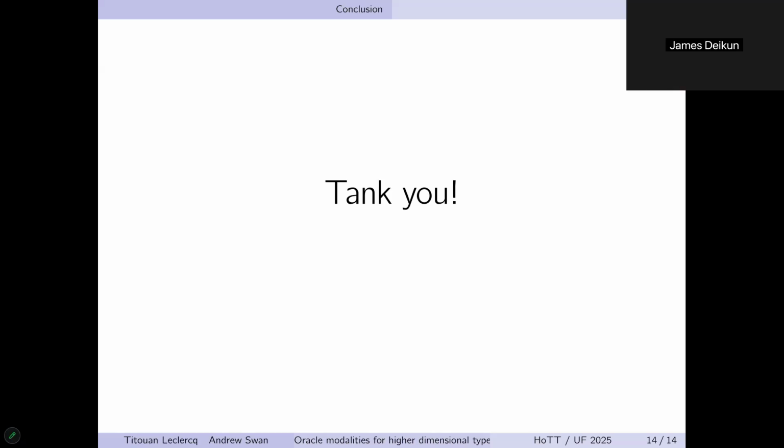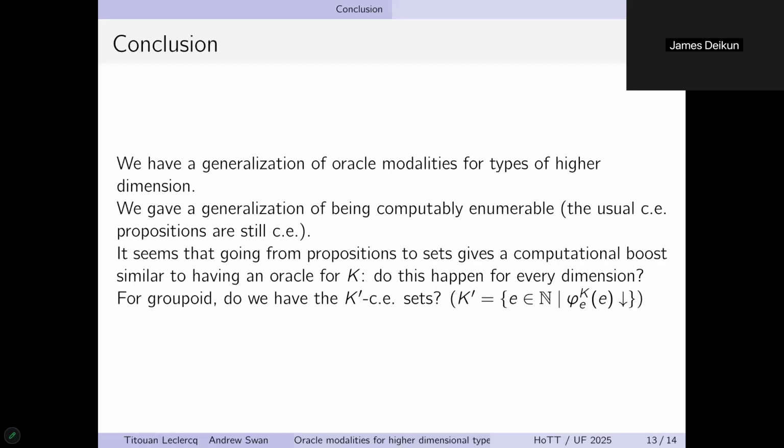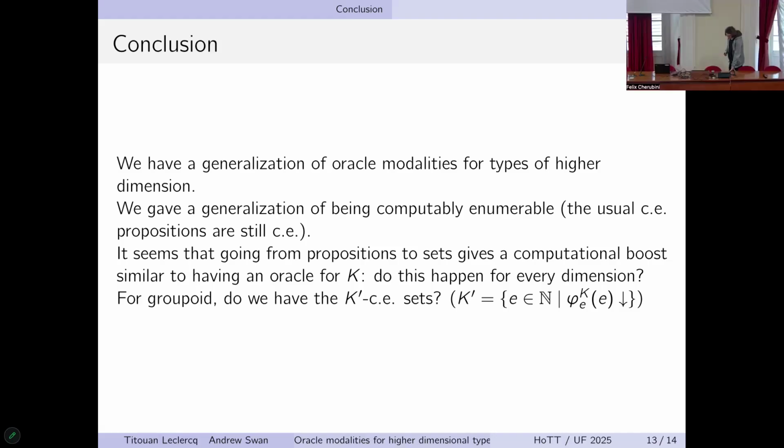If you add computability for the loop spaces of the spaces that you add computability for, does that give you more of the computational boost that you're looking for? So you mean if you add an oracle for the loop space after taking the oracle?